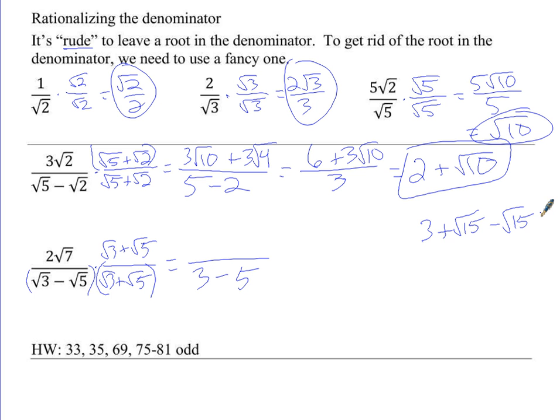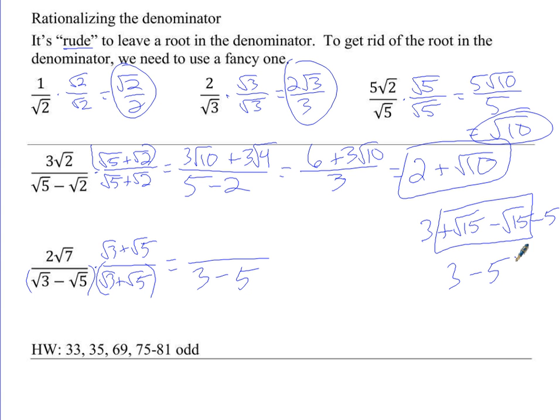And then I have minus square root 5 times positive square root 5, which is minus square root 25. Square root 25 is 5. So minus 5. Well, this stuff right here is the same. Positive square root 15 minus square root 15 disappears. And so I'm left with 3 minus 5. That's where that minus sign came from.